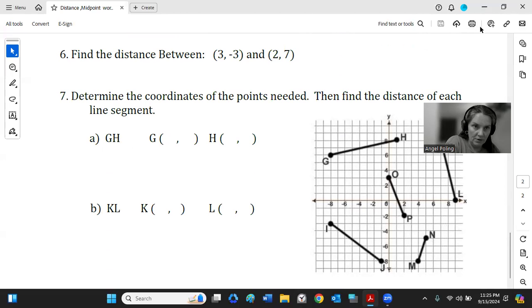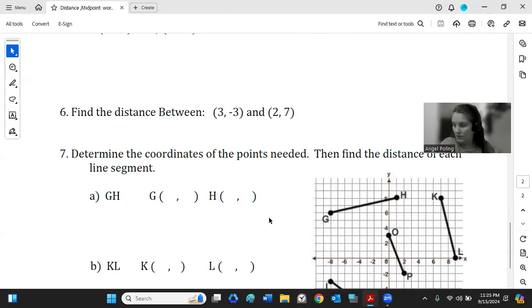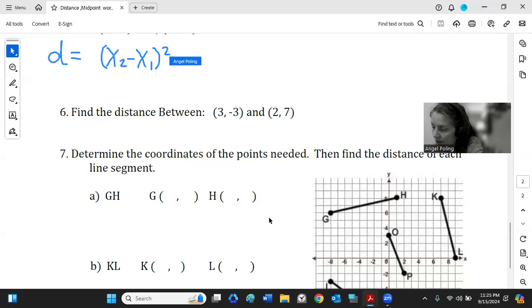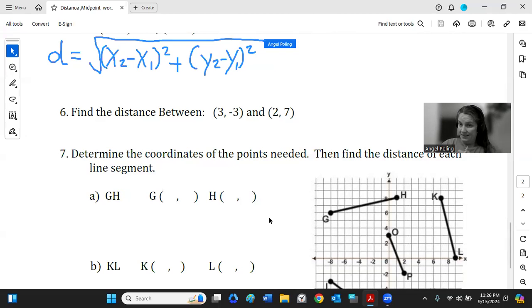So the distance formula that we're going to use for 6, I'm going to give myself some white space here, is that D equals the difference in the x values squared plus the difference in the y values squared. And then you're going to square root that sum.